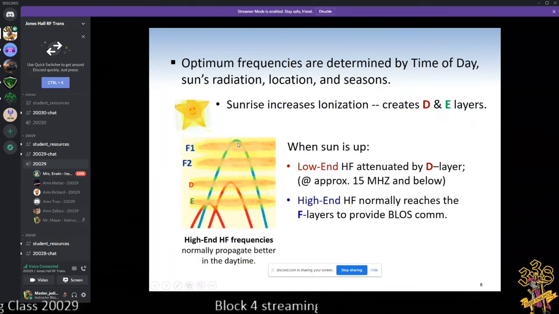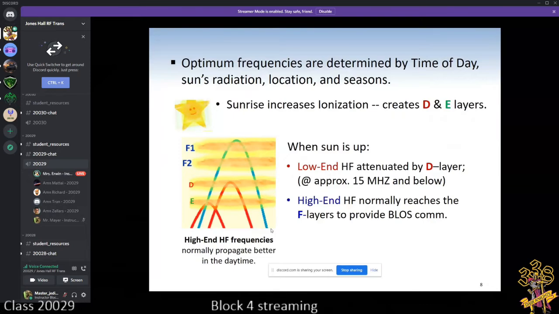They never reach the F layer for long range communication. So in the daytime, the lower end of HF sometimes doesn't work as well. But that's okay, because the high end of your HF will work. It can penetrate these lower layers, reach the F layer, where it can be reflected back for that long haul communication.